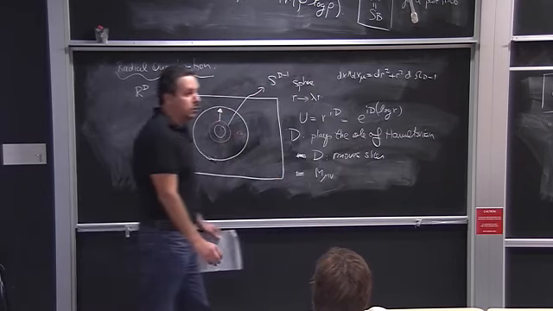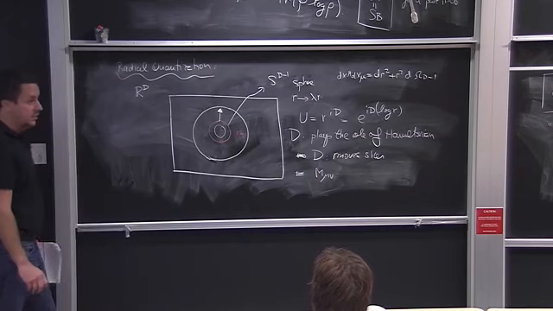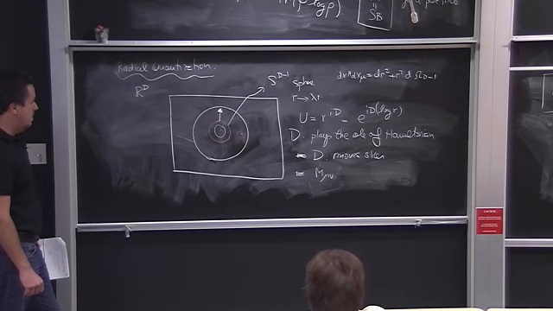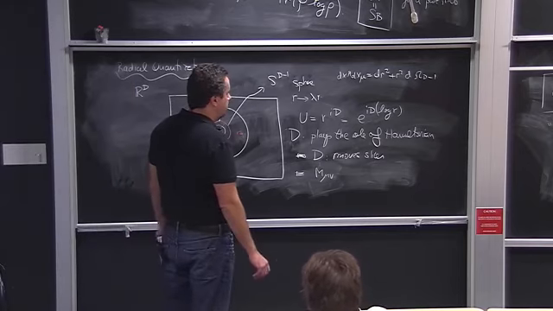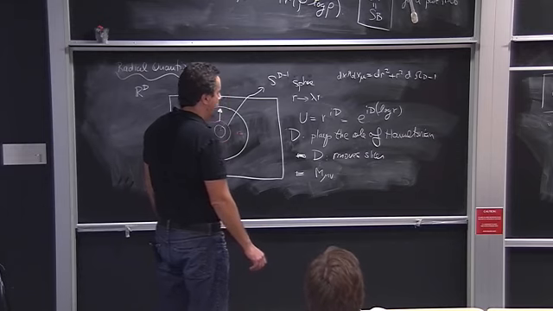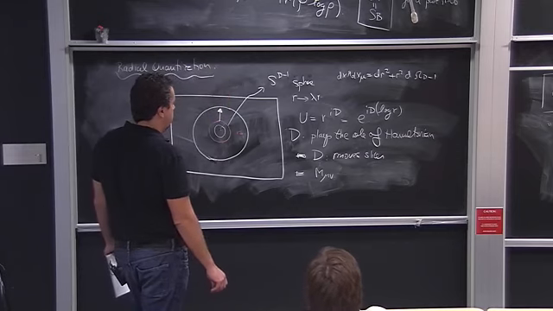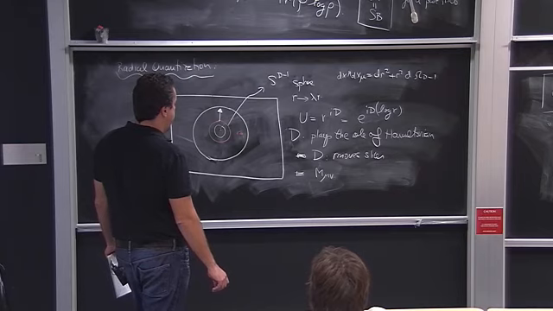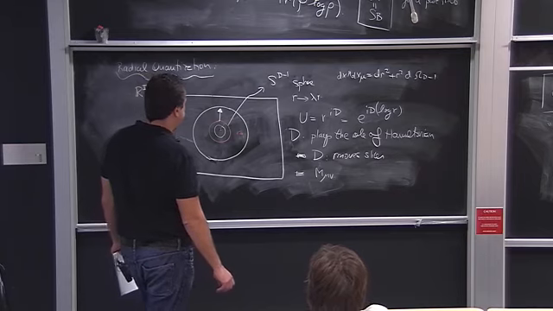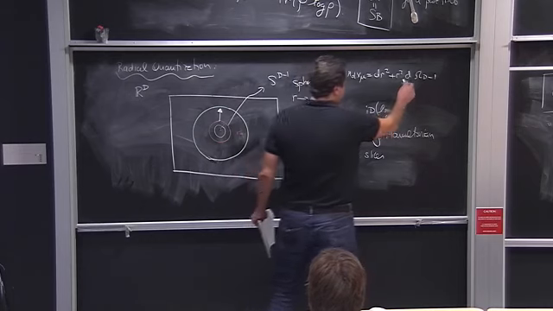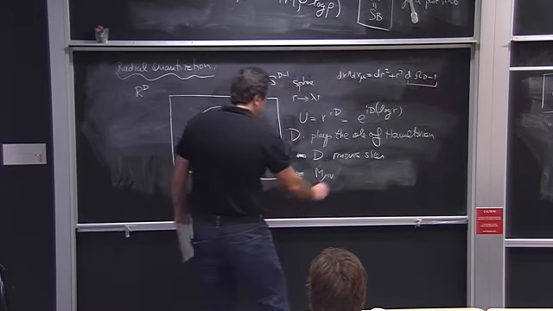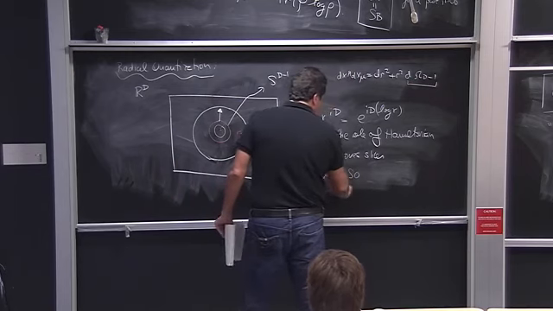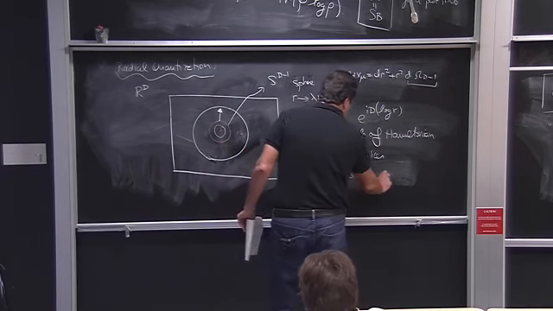Well, and then a particular combination of translations and special conformal transformations. The thing that is clear is that it will have the symmetry of the D-1 dimensional sphere, which is the SO(D). Let me write it this way: SO(D).